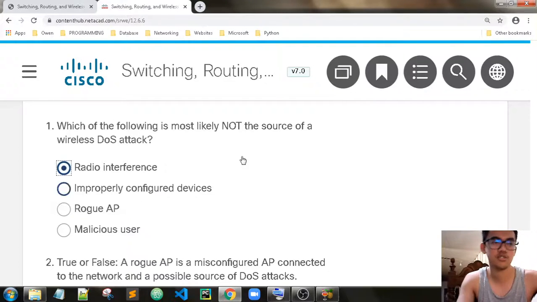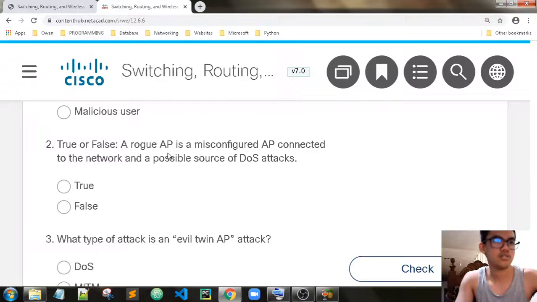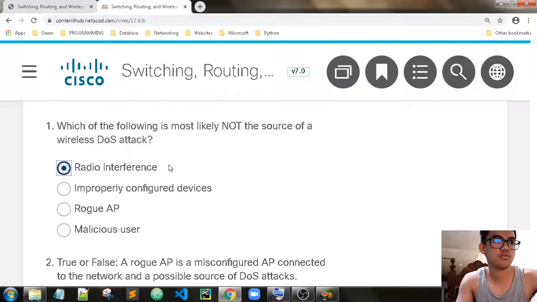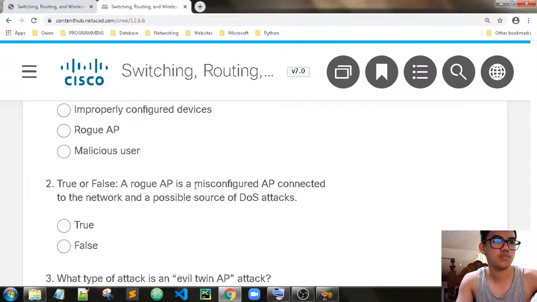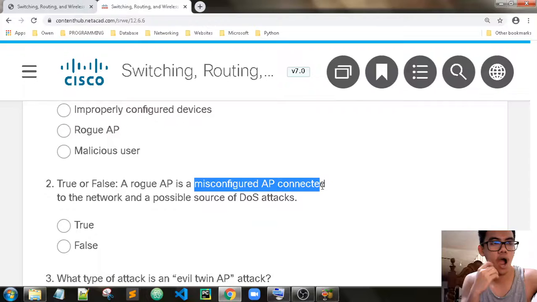Rogue AP is a misconfigured AP connected to the network, a possible source. Misconfigured. Or rogue AP, I think it's true.